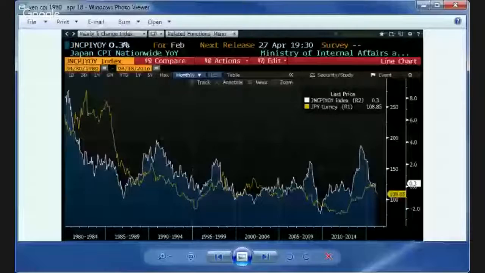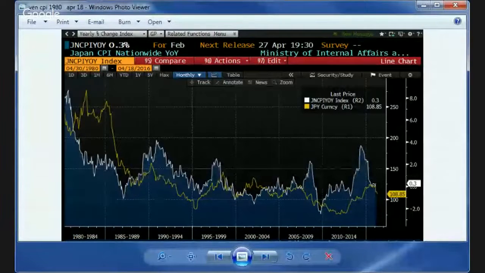I'll just show you this for a second. Okay, come on, here we go. Okay, there we go. This is from 1980 on, the yen rate and the Japanese inflation rate.